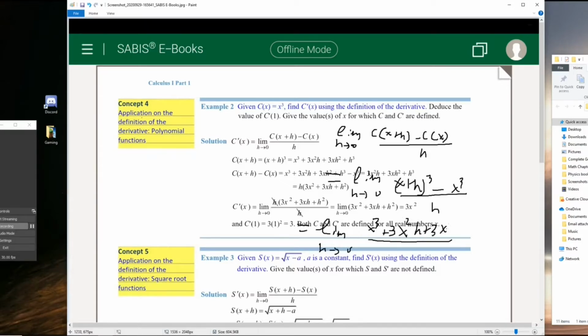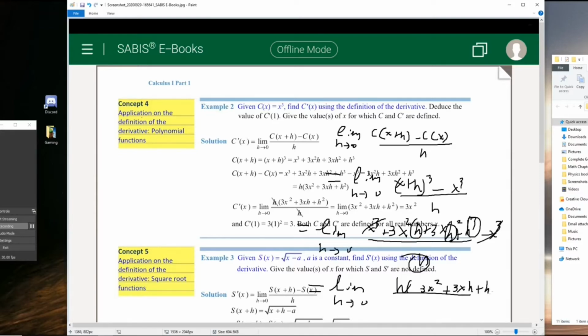Again, the exponent repeats, h plus h squared because the power increases for the h, and then this one is cubed minus x cubed. These cancel, and here's h. Limit as h approaches 0. You factor the h out because it's very tempting, especially when you have an h down here. Factor the h, you get 3x squared plus 3xh plus h squared over h, cancel, substitute immediately, 0, 0, you're left with this. We're done, pretty much.